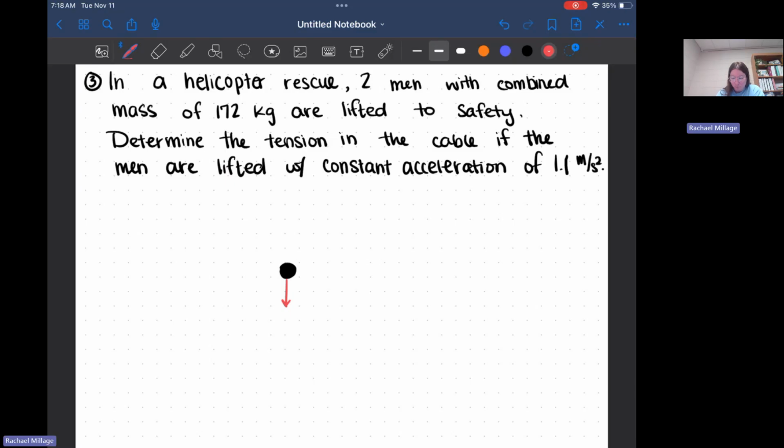I have the weight of the 2 men equals mass times gravity, which is equal to 172 kilograms times 9.81 meters per second squared. And when I do 172 times 9.81, I get 1,687.3 newtons.